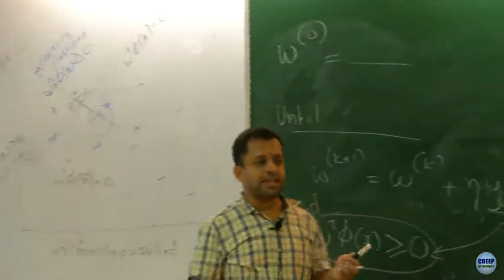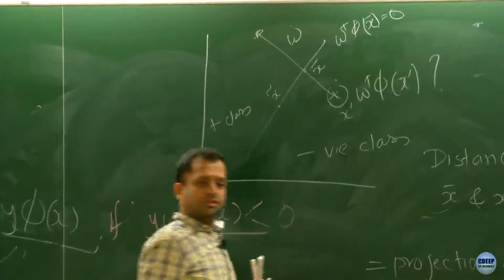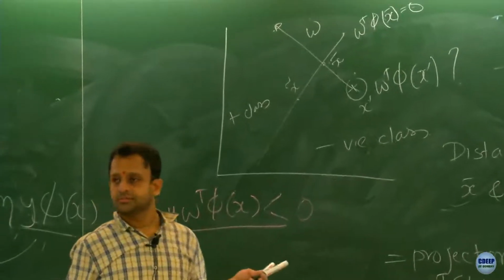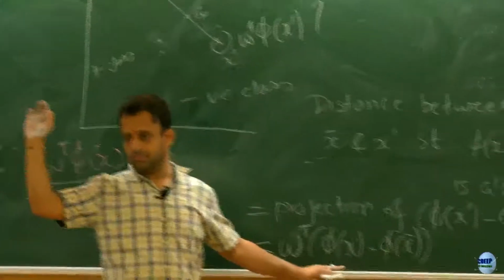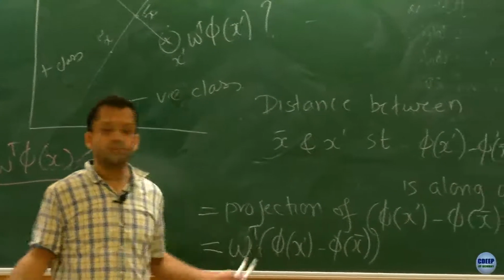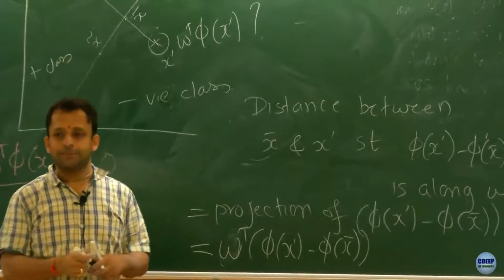For any point that lies on the separating surface, I have already written W transpose phi x bar is 0. So what does this evaluate to? It will just be W transpose phi x prime.